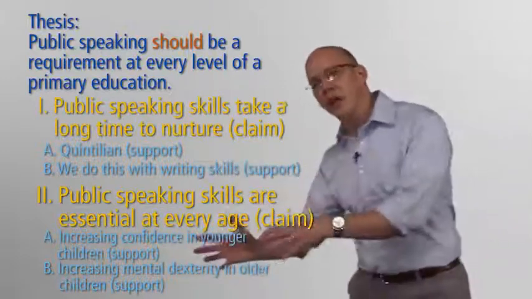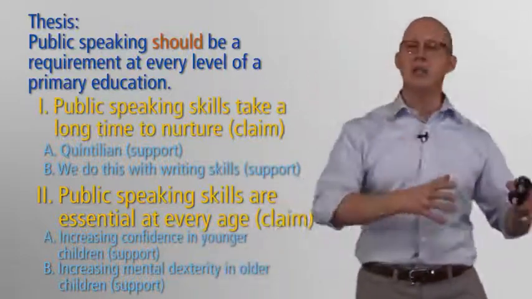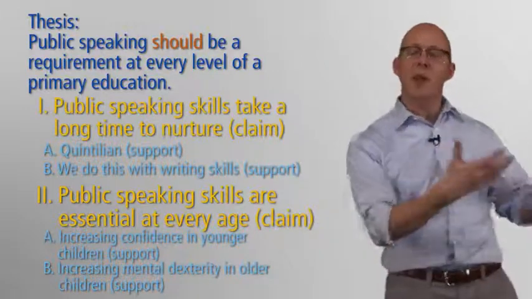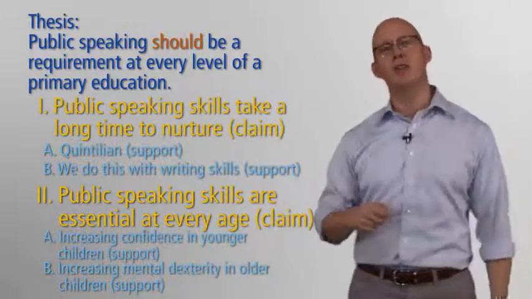I could talk about that support and relate it to the claim, provide flesh on that claim that public speaking skills take a long time to nurture. In any case, whatever the thesis is, I want the audience to hear those claims as reasonable. So each point is supported with two pieces of evidence.